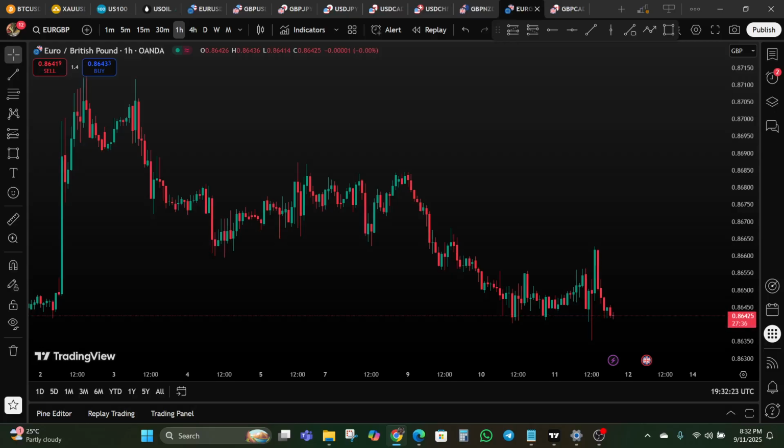This particular lesson is all about the ICT Forex Trading Strategy. It's a smart money framework that reveals how institutions move the market and how traders can align with those moves.